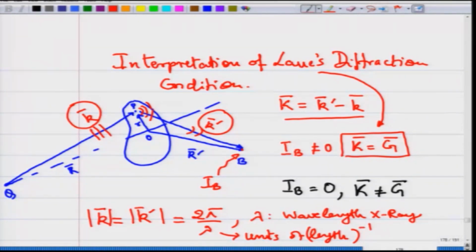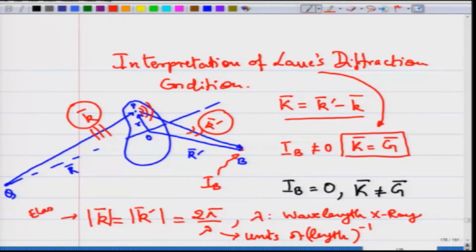Before we go into a physical interpretation, let us recall that the magnitudes of the incident wave vector k and the scattered wave vector k prime are 2 pi by lambda, because it is elastic scattering.